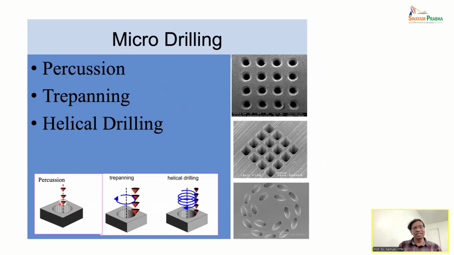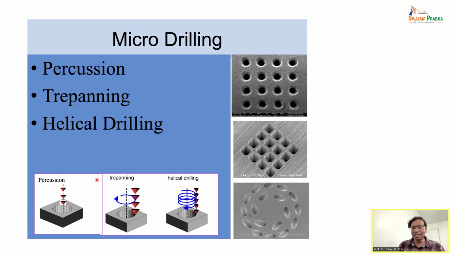But now the diameter of the hole depends on the spot diameter. Spot diameter means, when you put a laser, what is the diameter that we get? That is called the laser spot diameter. Also, when you take a spot, the energy gets distributed not uniformly but in a Gaussian way.